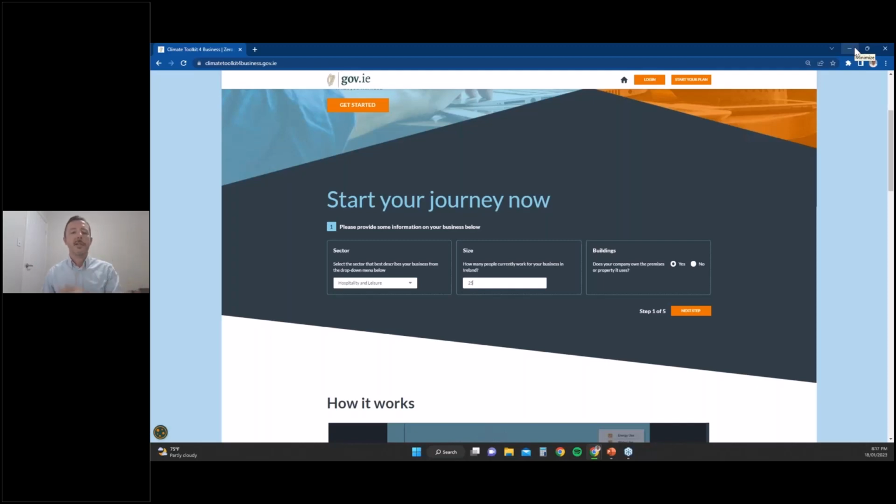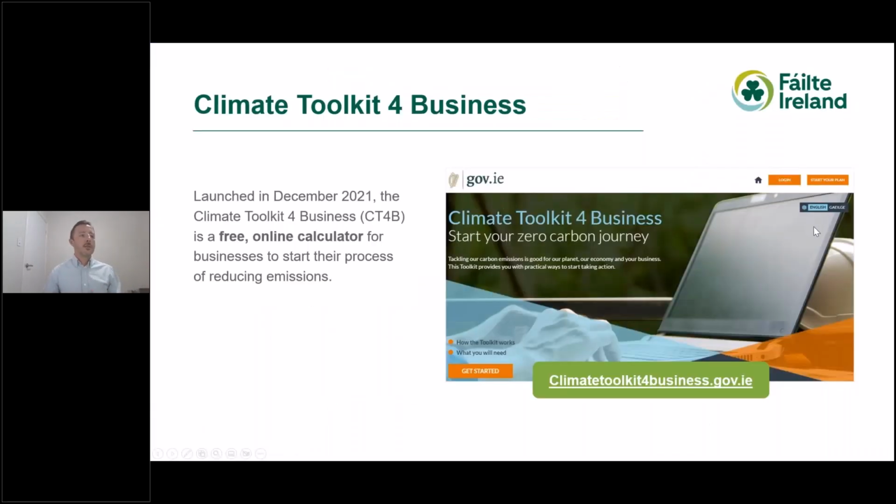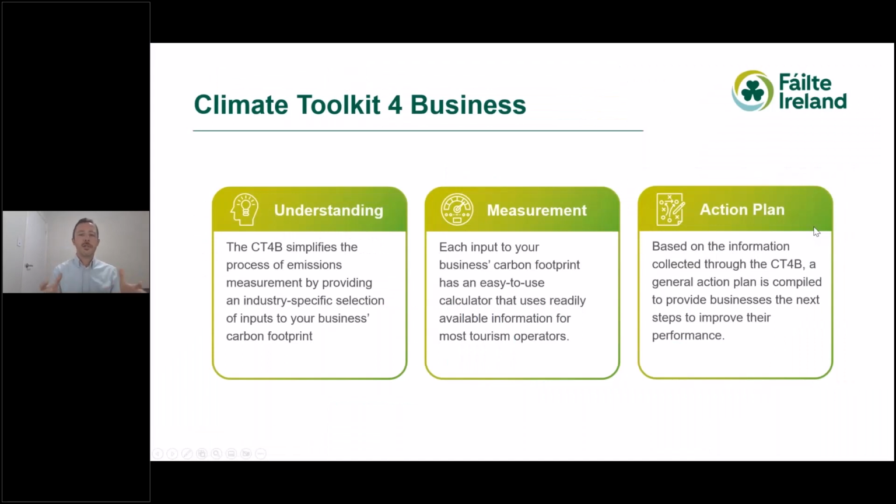From there on, it's asking for information on how your business actually is creating emissions, and it asks for different categories there. So I just want to take a step back and kind of give the context for why the calculator is being put forward to businesses right now.